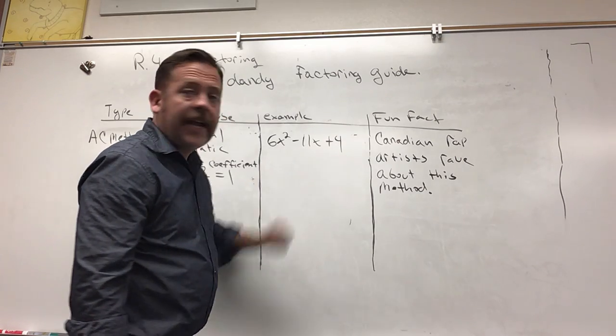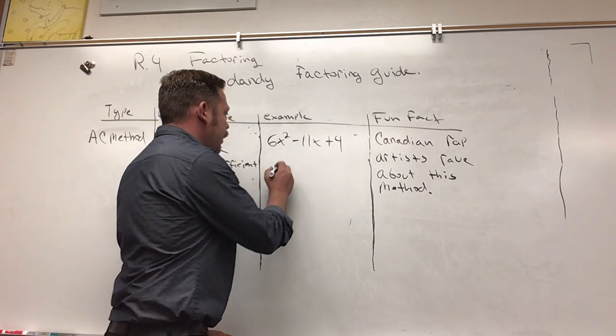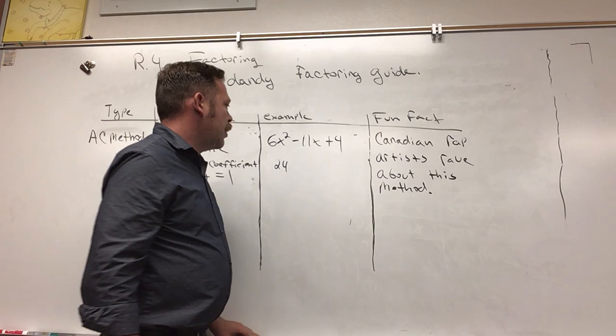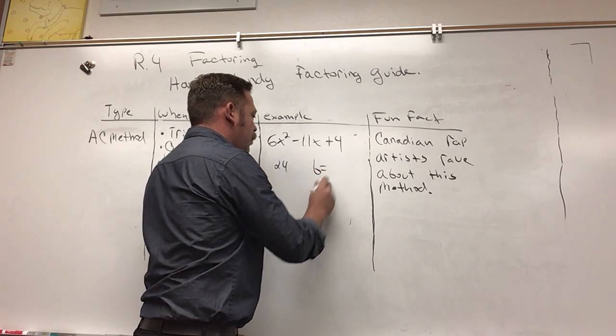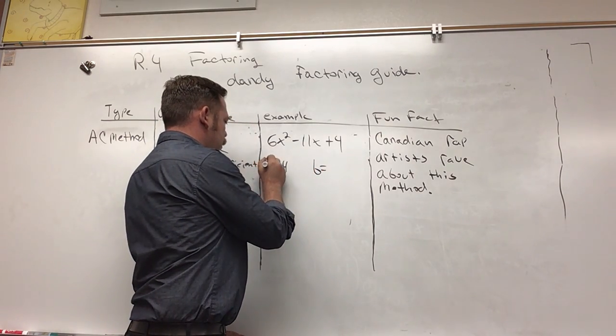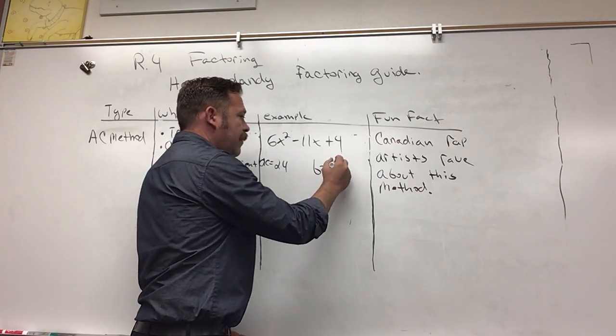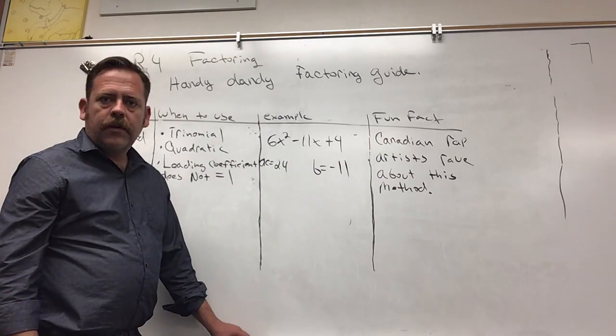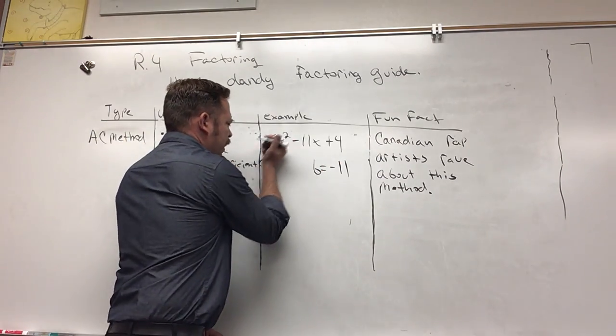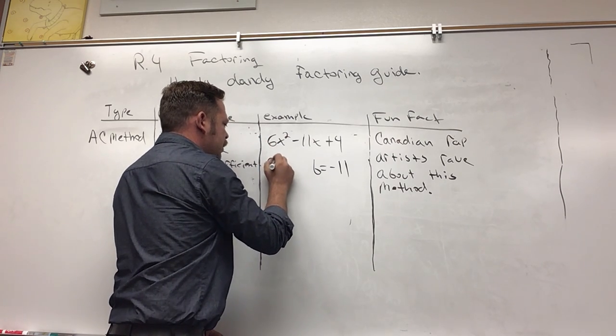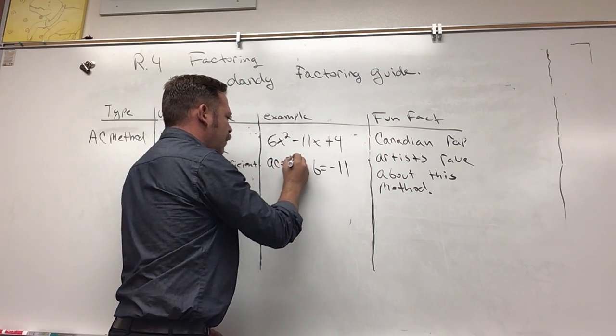So I'm going to multiply A times C. A times C would be 24. My B would equal negative 11. I'm going to write that a little more legibly. I do apologize. So A times C equals 24.